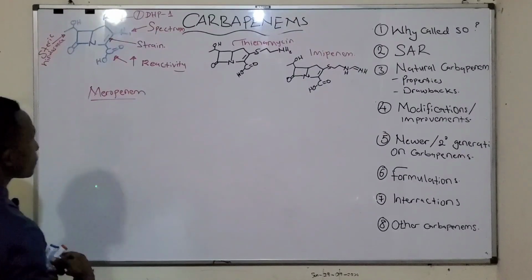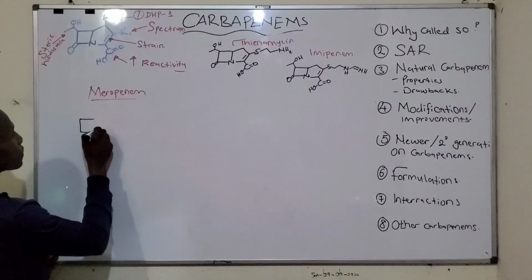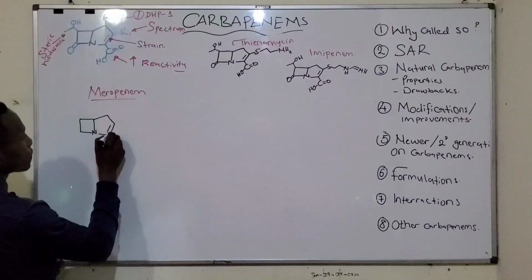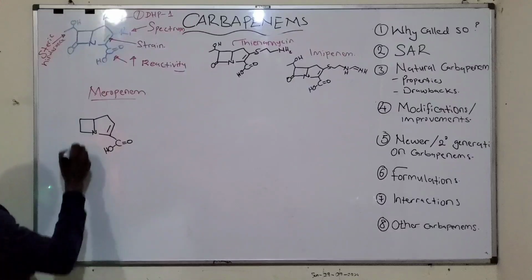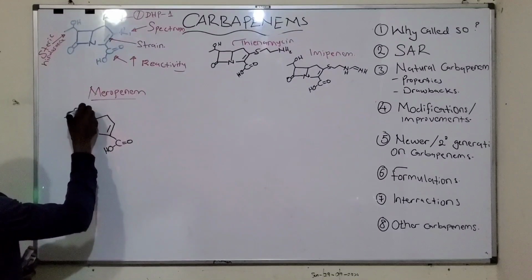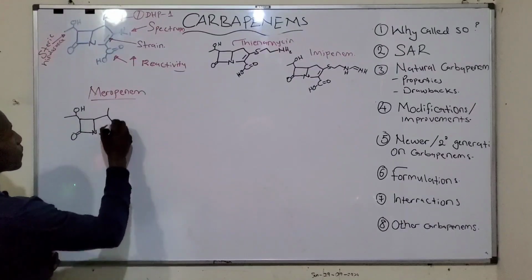For the structure of meropenem, it's like this. This is meropenem. At position 4, we have a methyl group now.